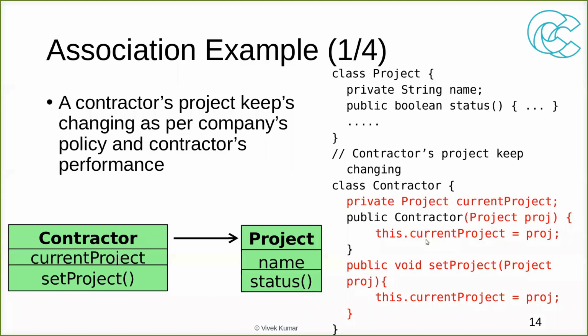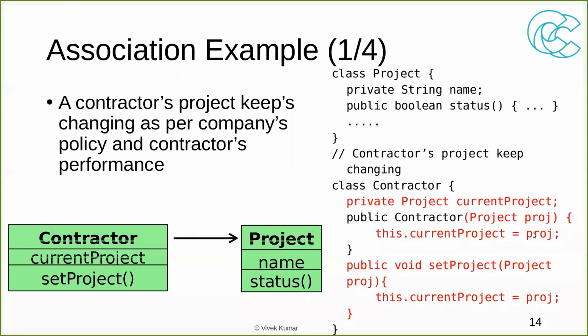If somewhere you say current project dot set name equals whatever, let's say instead of 101, you have 102, then earlier it was 101 and now you change it to 102. So when you look at the values of project as well, whenever the method is called, let's say the object that is passed is P1, P1's value will also get changed.